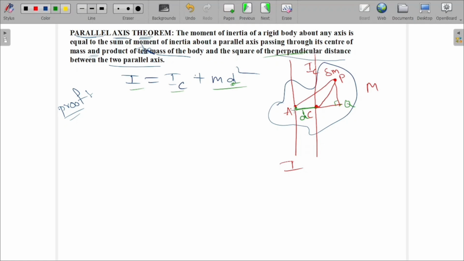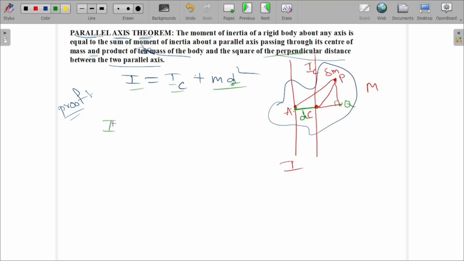So APQ is one triangle and CPQ is another triangle. What is the moment of inertia at point A?